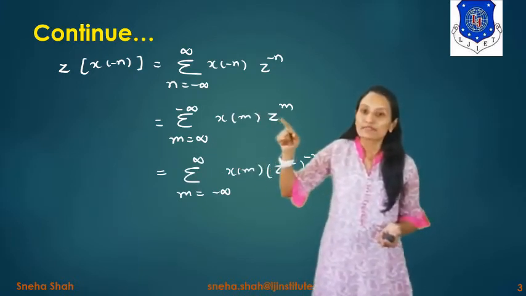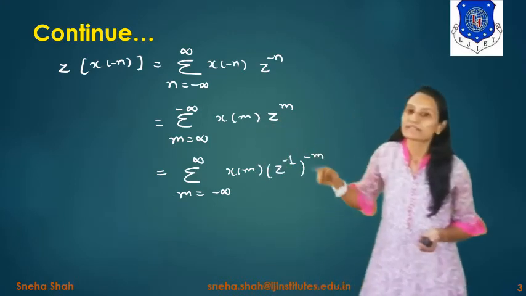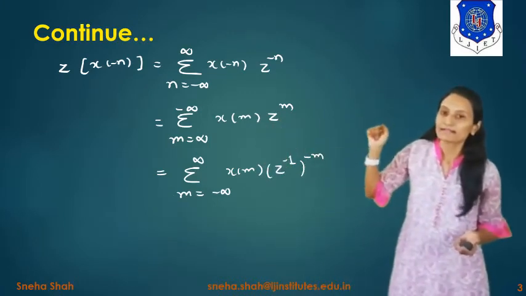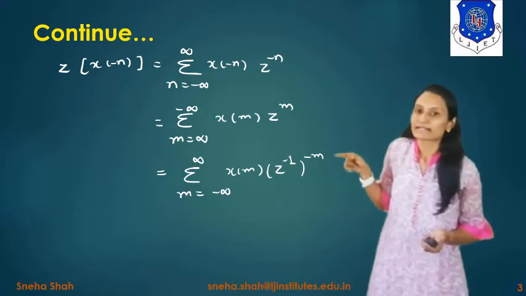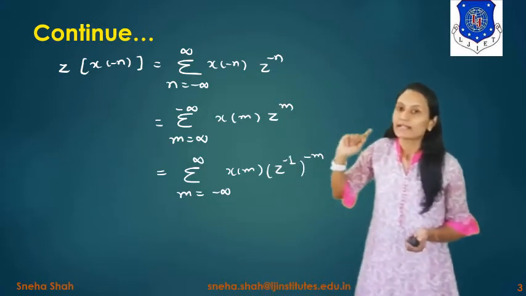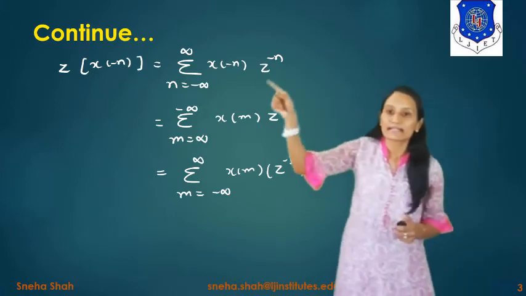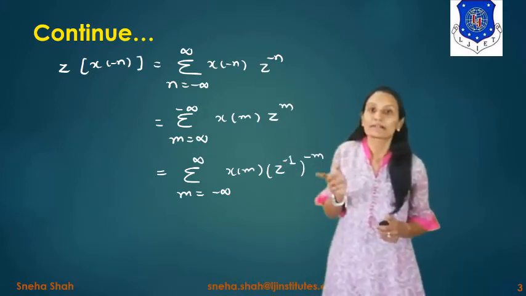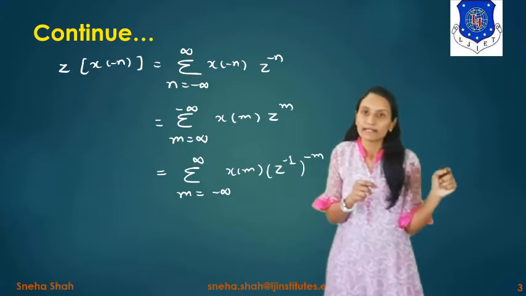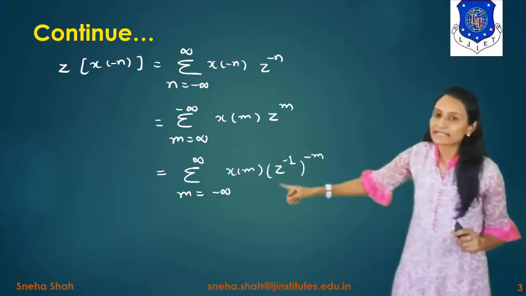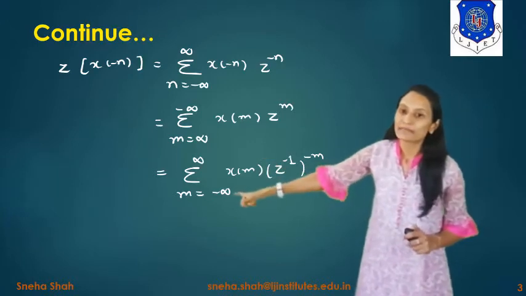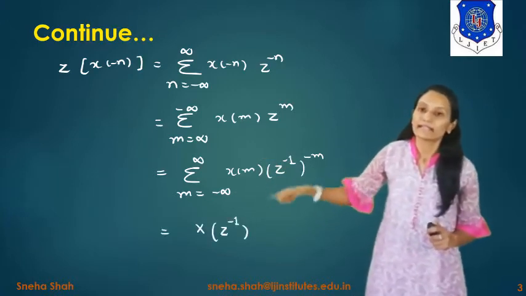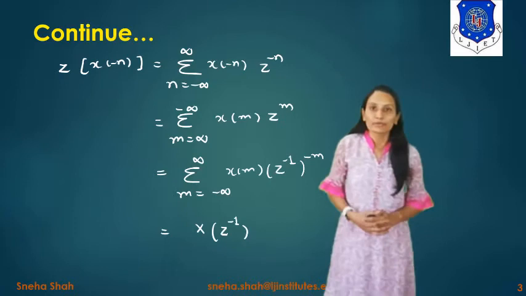Now this z raised to m term will convert into the form of z raised to minus 1 raised to minus m. Now if I take z raised to minus n, then the term is represented as x of z. Here we have z inverse raised to minus m. It means this term will be represented as x of z inverse. So this way we can prove the time reversal property.